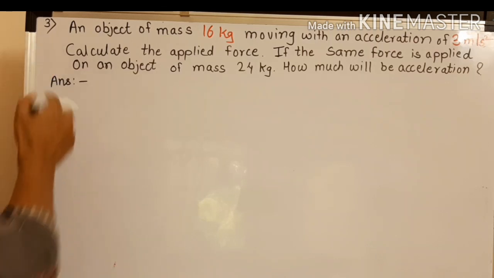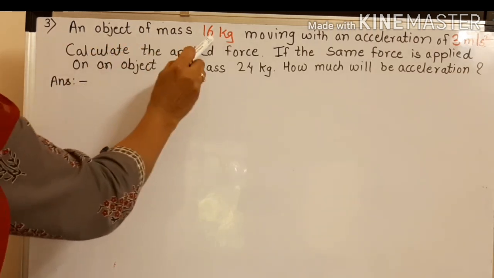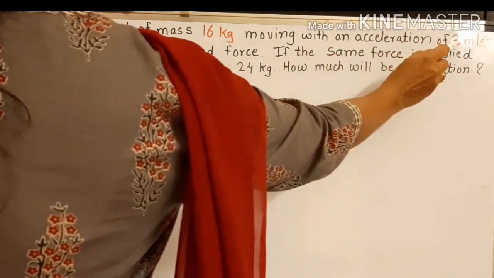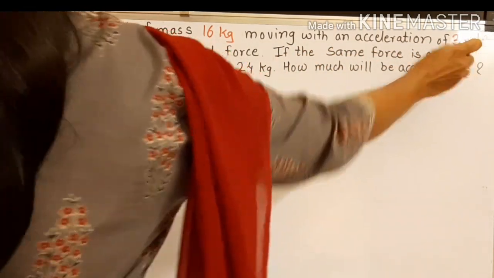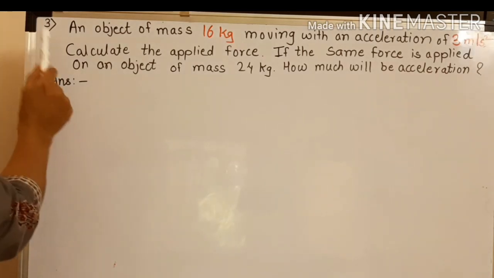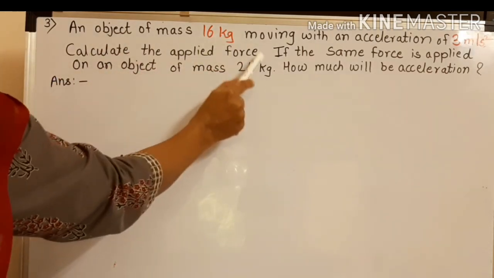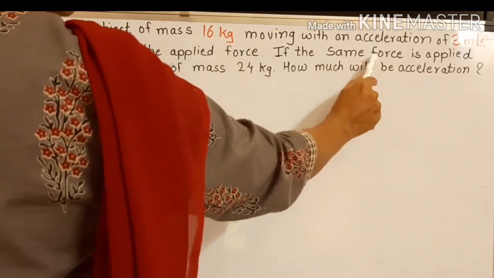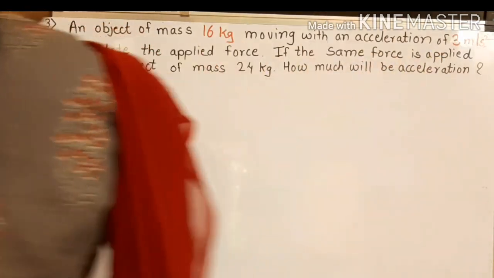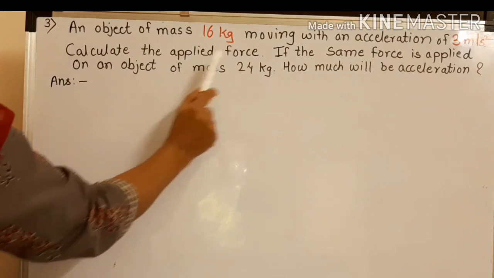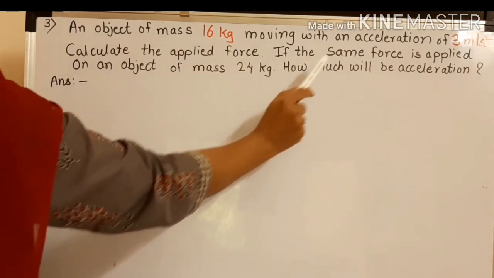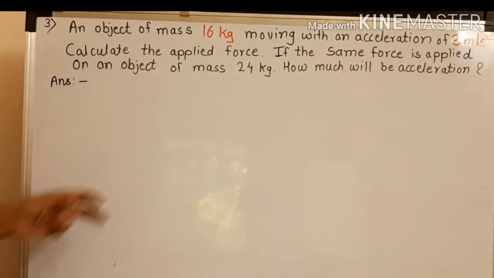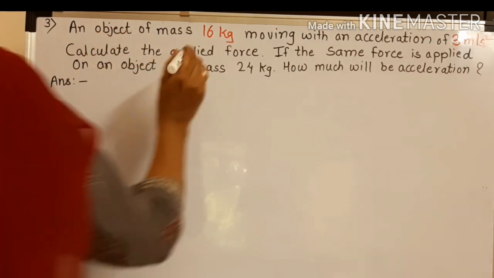The third problem: an object of mass 16 kg is moving with an acceleration of 3 meters per second square. First, calculate the applied force. Next, if the same force is applied on an object of mass 24 kg, how much will be the acceleration? So there are two questions in this problem.